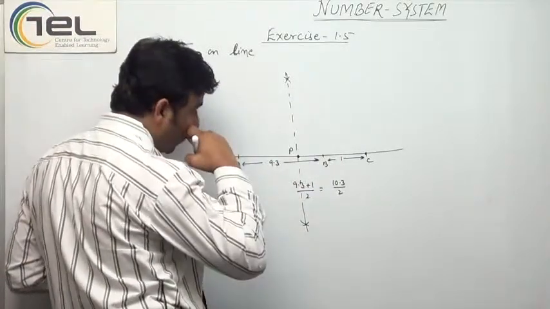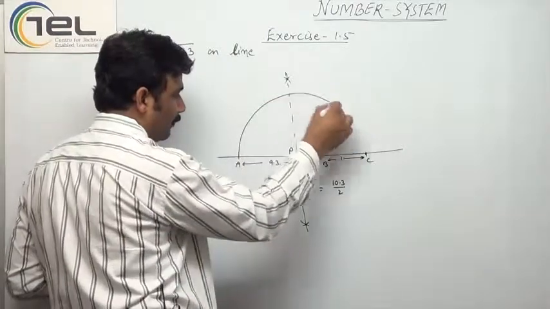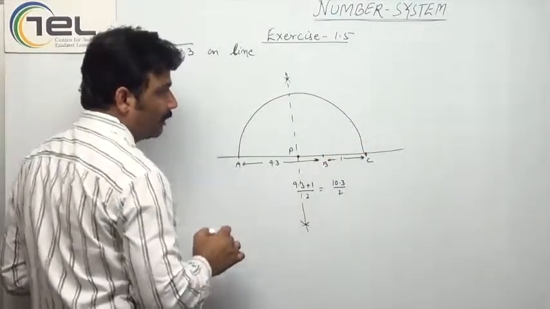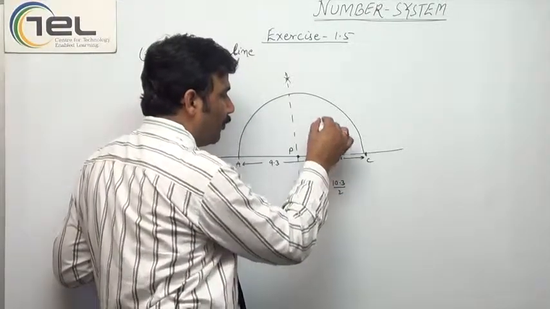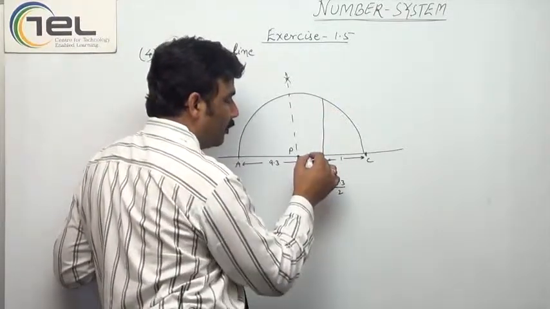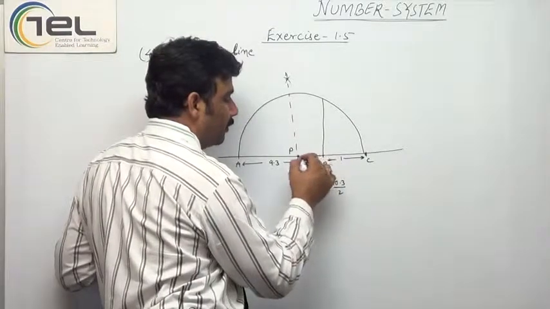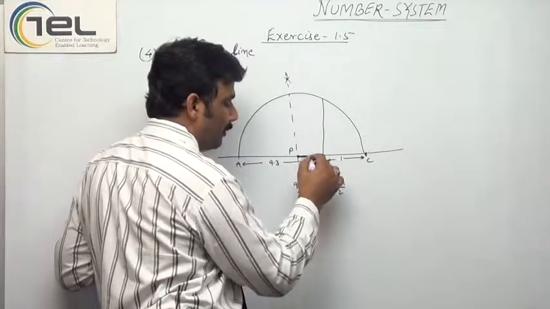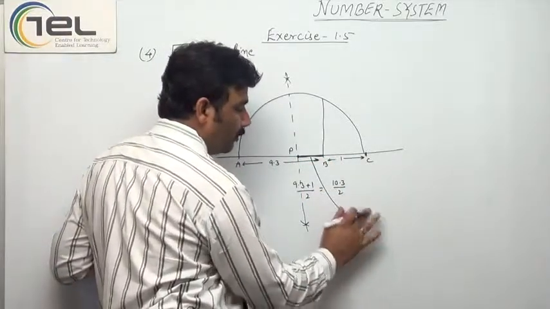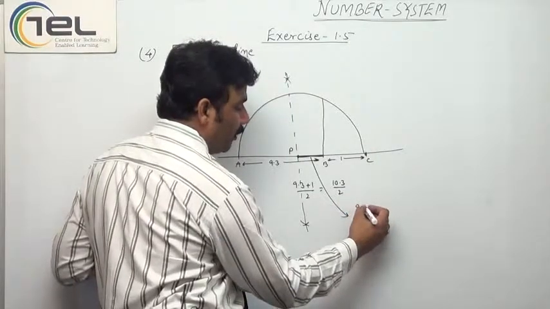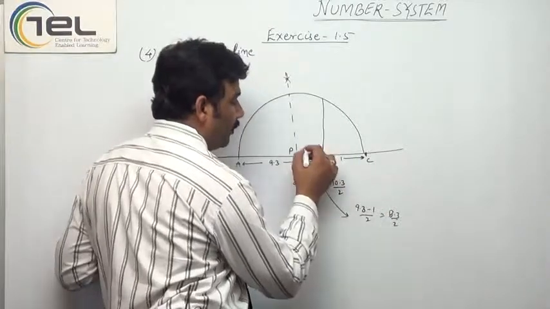And with that mark P as the center, I will draw a semicircle here, and with this point B, I will draw a length. This length is equal to (9.3 minus 1) by 2, which is 8.3 by 2.